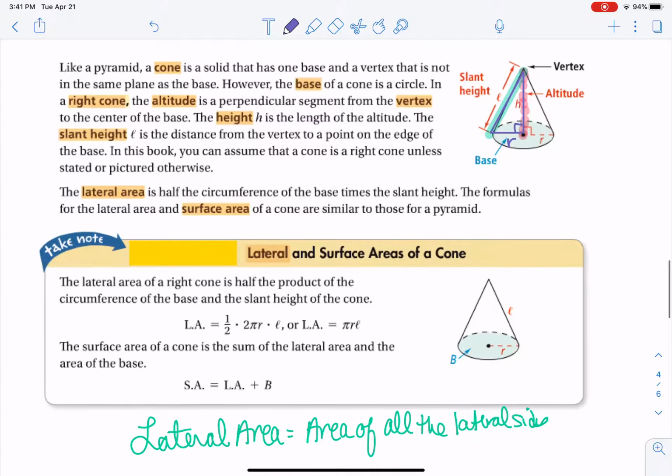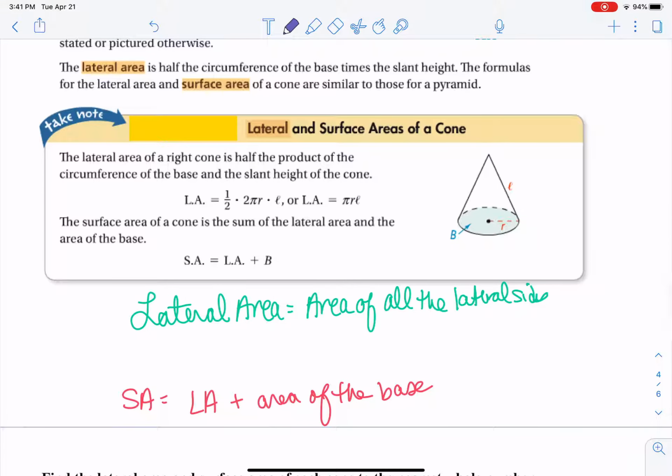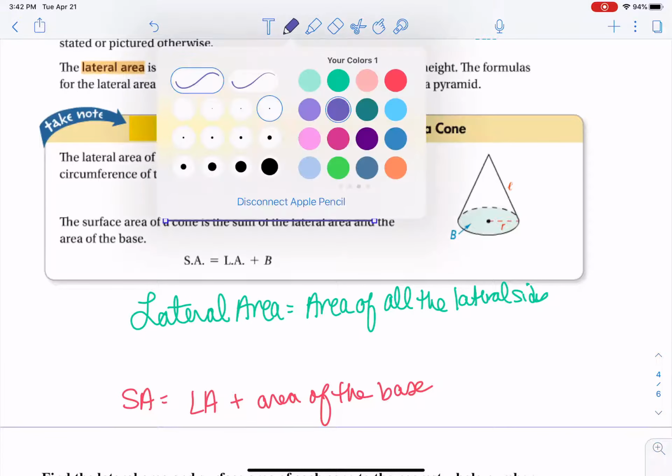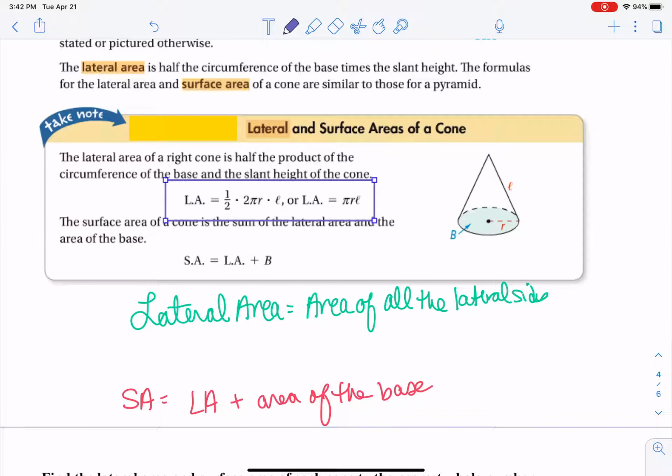So what we're going to do is the lateral side, this is their formula kind of boiled down. I think of this area of the lateral side as kind of triangular. That's where the 1/2 comes from. And it is the circumference times the slanted height.